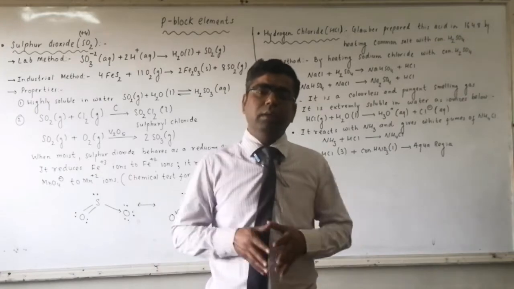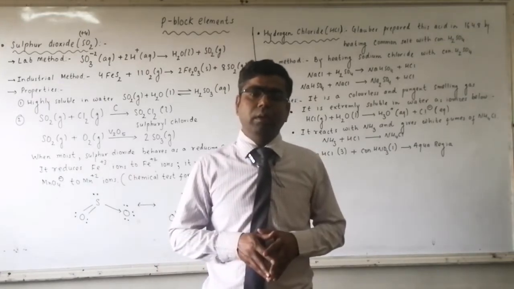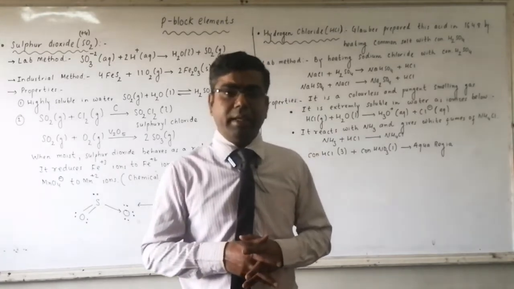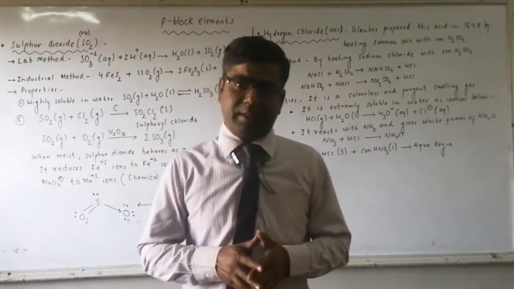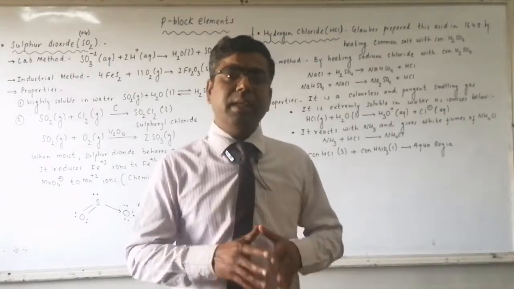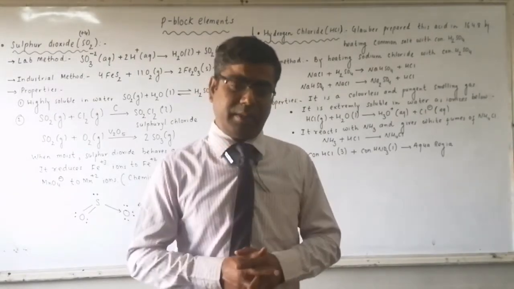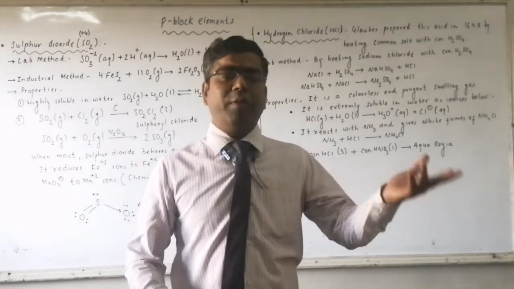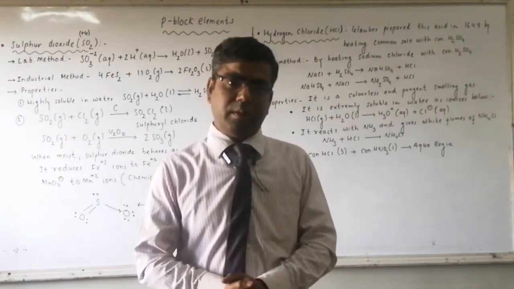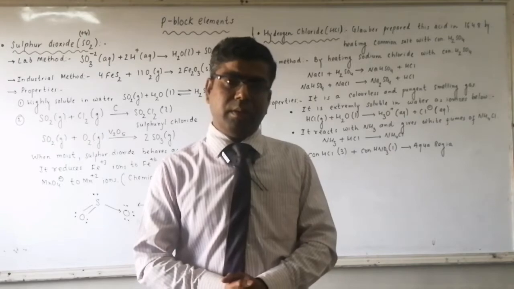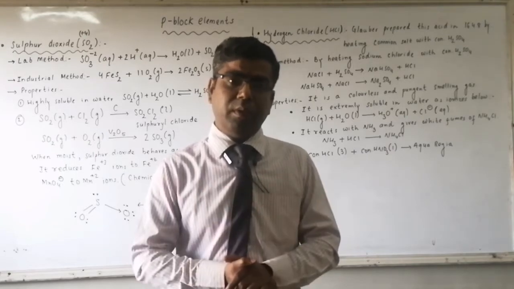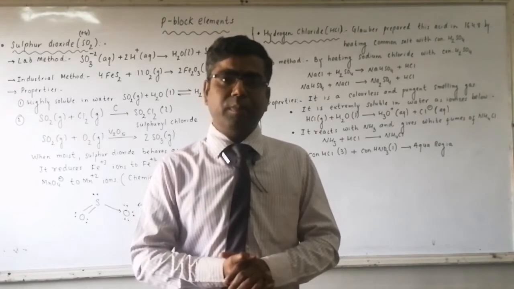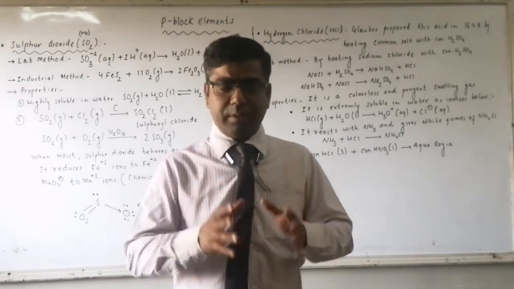So when sulphur will make a change in oxidation state from +4 to +6, means it is increasing its oxidation state, and this will take place by losing of electron. And if a substance loses electrons, then this is called oxidation.